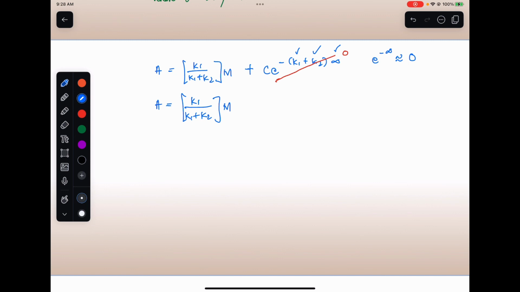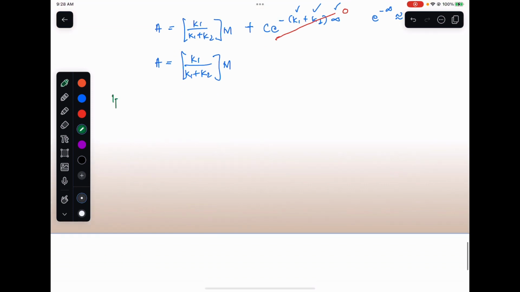So now we can conclude. What would be our conclusion? If K1 is positive and K2 is also positive, then we can say that K1 will always be less than the sum of K1 plus K2.